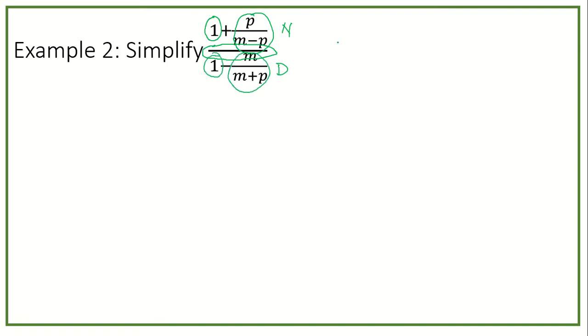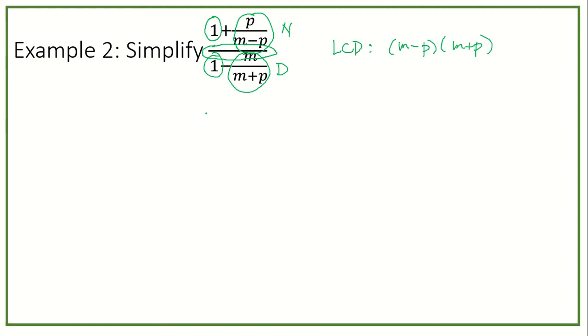So, yung first step is to find the LCD of all the denominators that we have. But wala namang common, m minus p, hindi na siya factorable. Si m plus p, hindi na din siya factorable. So, automatically, the LCD is the product of m minus p and m plus p.